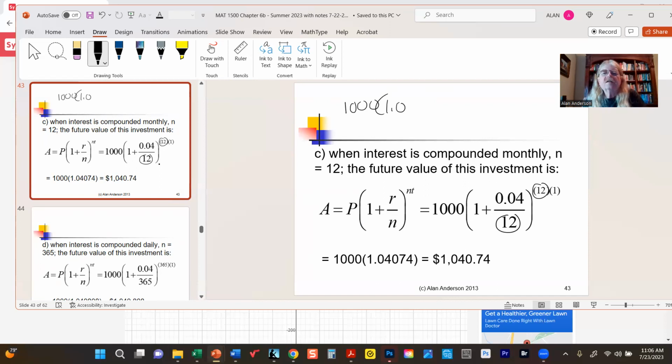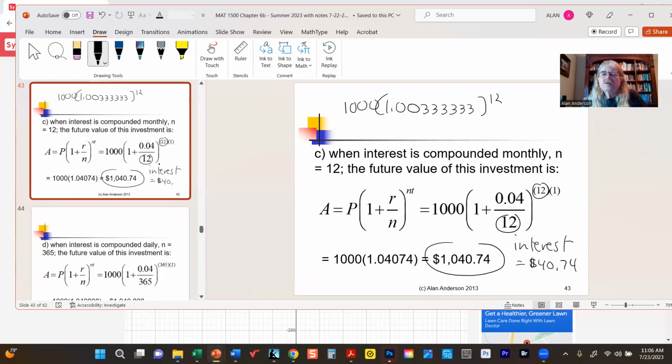It's 0.00 and then a string of threes raised to the 12th power. And you'll end up here. And of course, this implies that the interest is $40.74. So you notice what's happening here is that every time I increase the compounding frequency, the interest is going up.